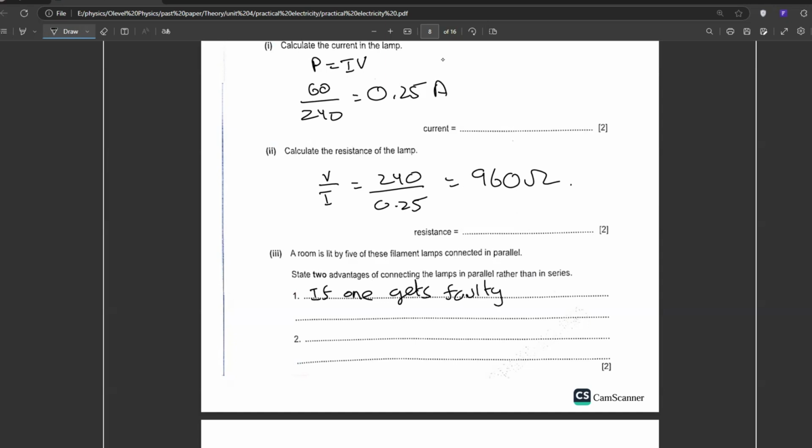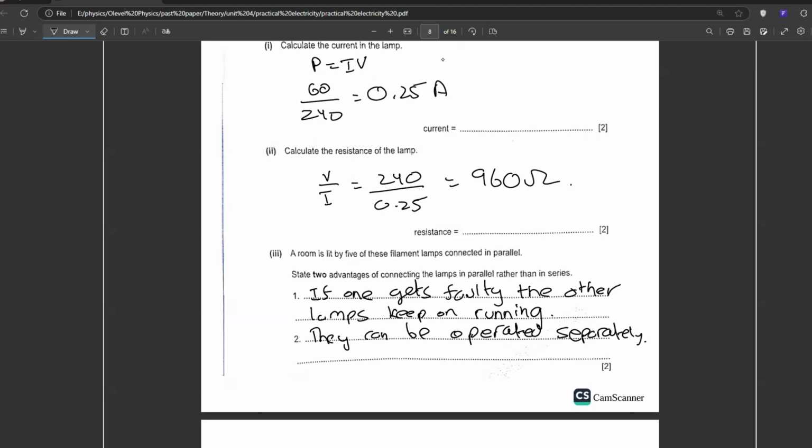If one gets faulty, the other lamps keep on running. And what is another advantage of connecting things in parallel? They can be operated separately. Let's further move ahead.